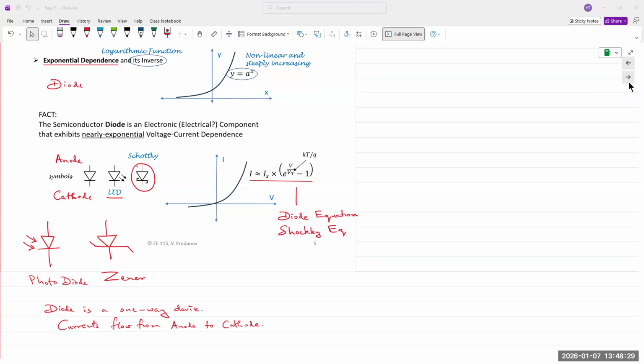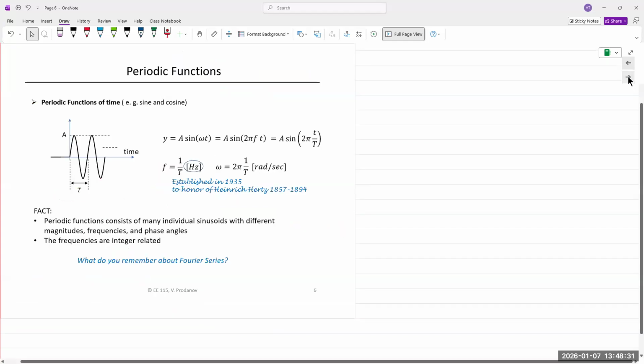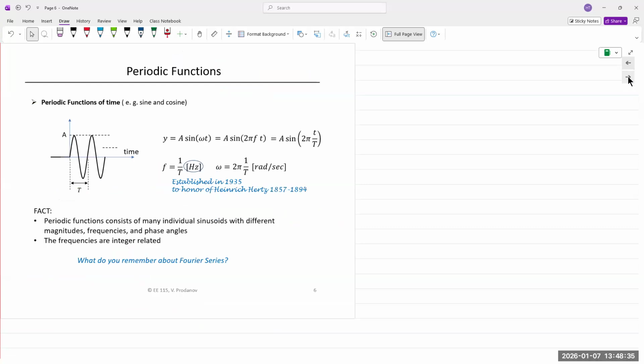Okay. Let's look at another function, which is now periodic in nature. So periodic functions of time. When we say function, we simply refer to the graphical representation of any quantity, whether it's voltage or current or power or energy.